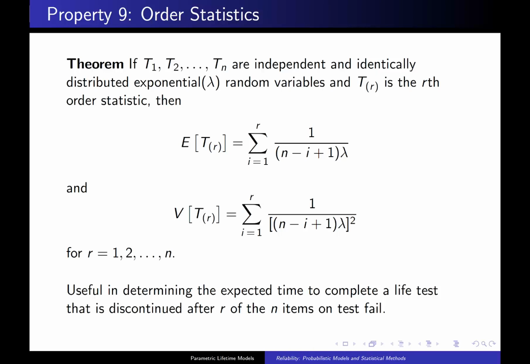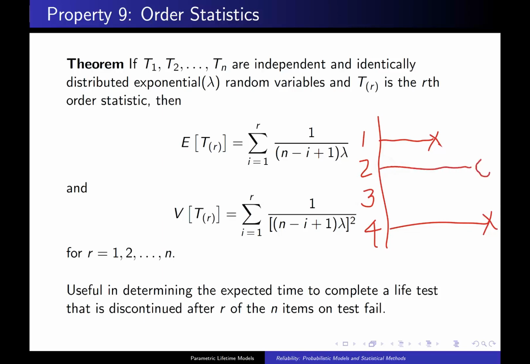Property 9 is about order statistics. Let's draw that same picture again here. We have, let's just say, 4 bulbs on test. Let's say bulb 1 fails here. Bulb 4 fails here. But this time, when bulb number 4 fails, bulbs 2 and 3 are still burning.